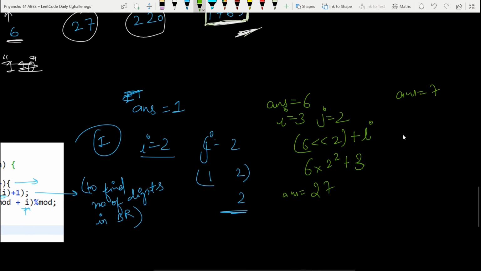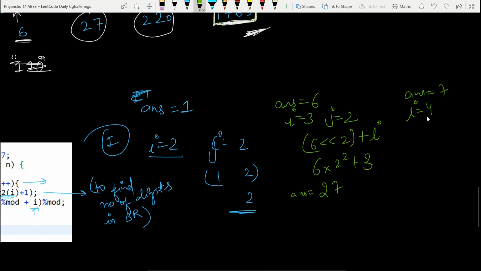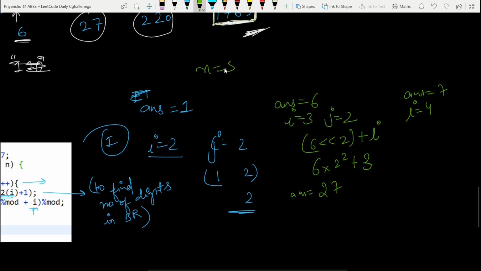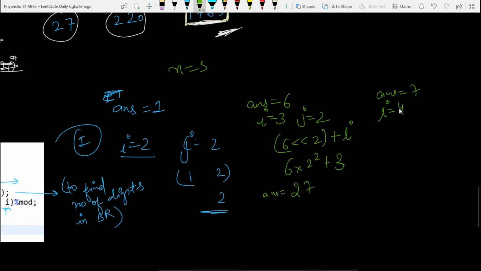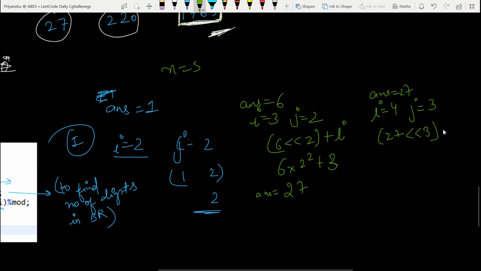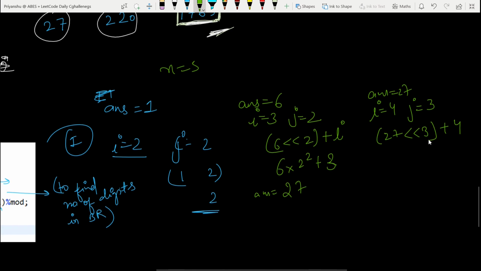For the next case, i equals 4. We are considering the case when n is given as 5. When i equals 4, we calculate the digits; there would be 3. So this 27 will be shifted 3 bits, and we'll add 4 to it. So it would be 27 into 2 to the power 3 plus 4, which is 220.